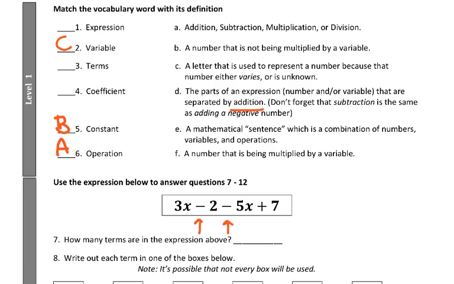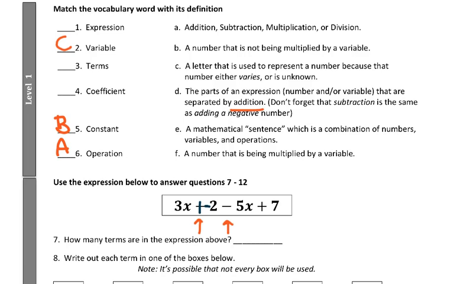So I always recommend to students, if you really struggle, it's important to know that a subtraction sign is the same as adding a negative number, and the other way. Sometimes it's helpful to see plus a negative, and sometimes it's helpful to just see a subtraction sign. But over and over, all year long, we are going to be bouncing back and forth between subtraction and adding a negative.